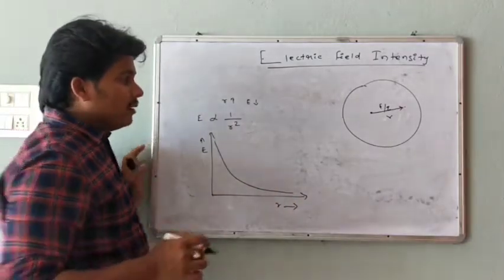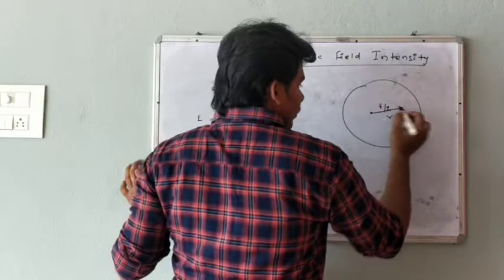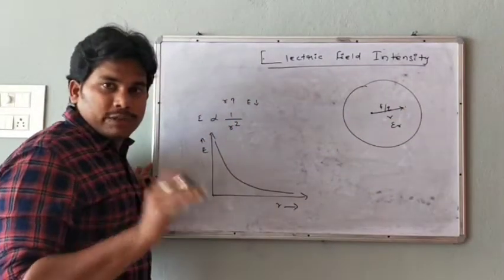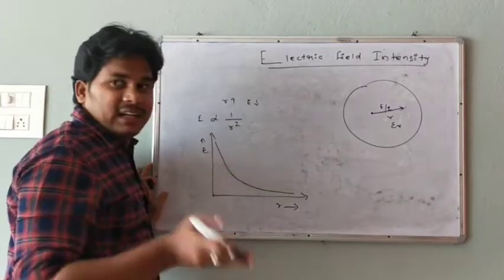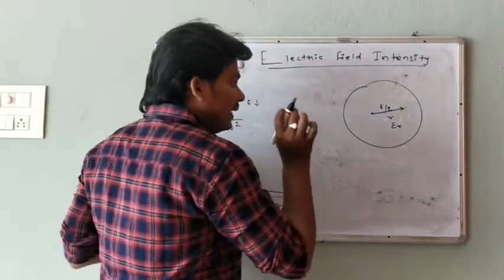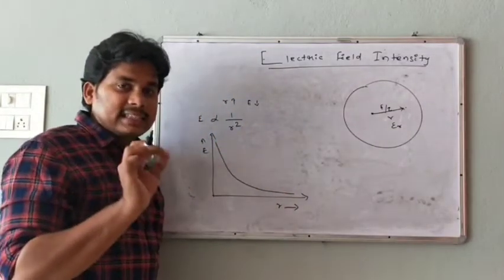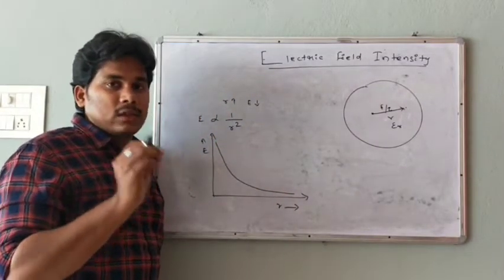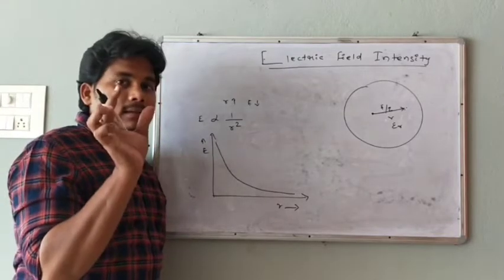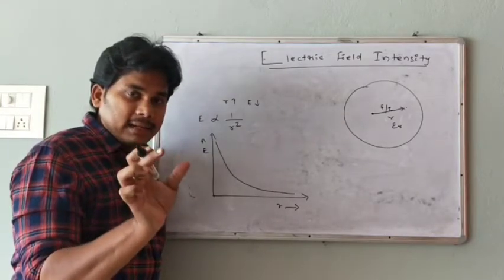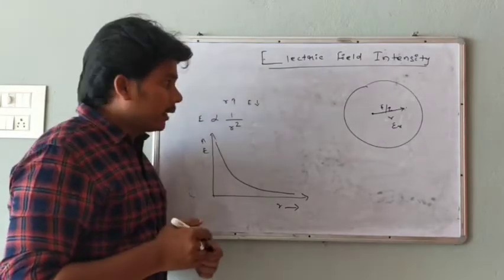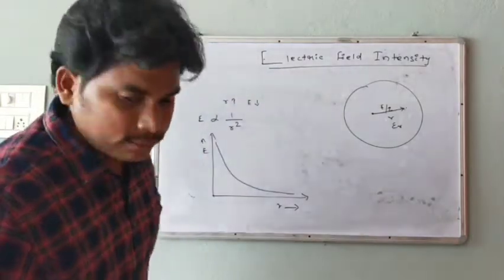In the same way, in these two mediums there is a relative permittivity, due to which the electric field intensity will also change. So the electric field intensity changes based on two things: one is the position of the test charge, and second is the relative permittivity between the source charge and test charge. Okay.